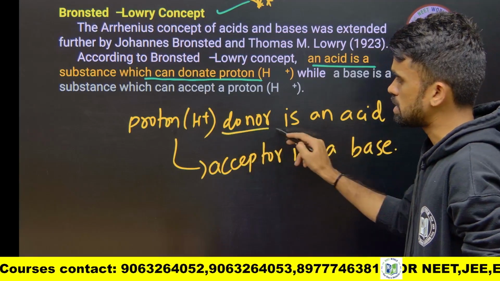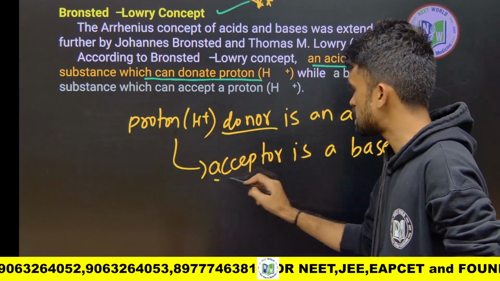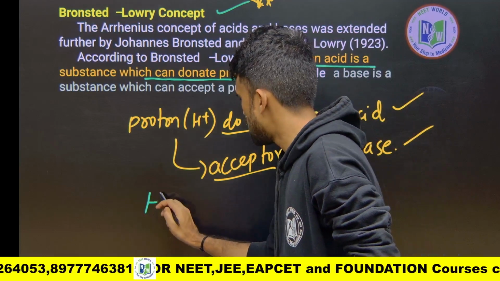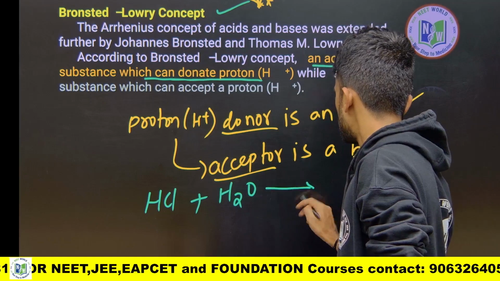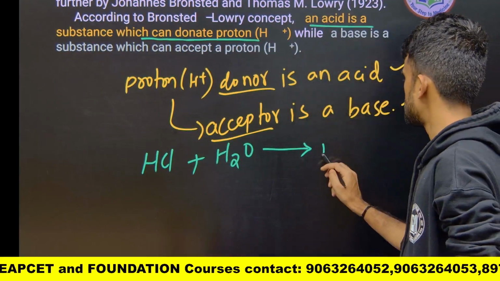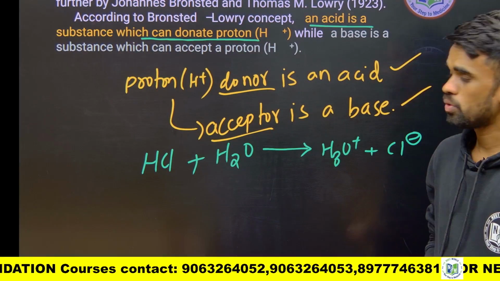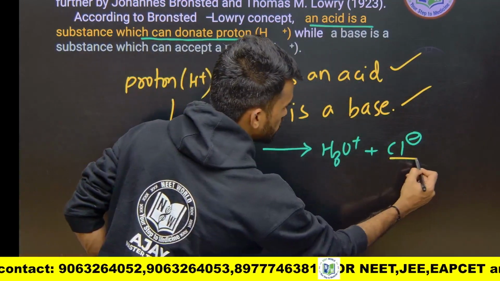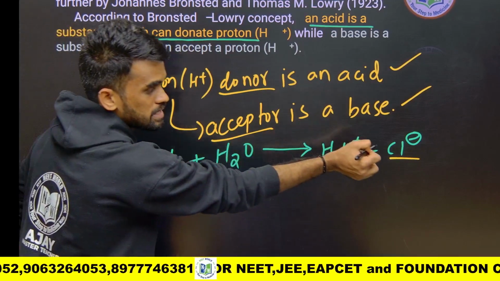If a particular substance donates a proton, we can say it is an acid. If a particular substance accepts a proton, we can say it is a base. For example, here I am writing HCl plus H2O, and these form H3O plus and Cl minus. If you observe, this species donated its H plus ion and formed Cl minus ion.